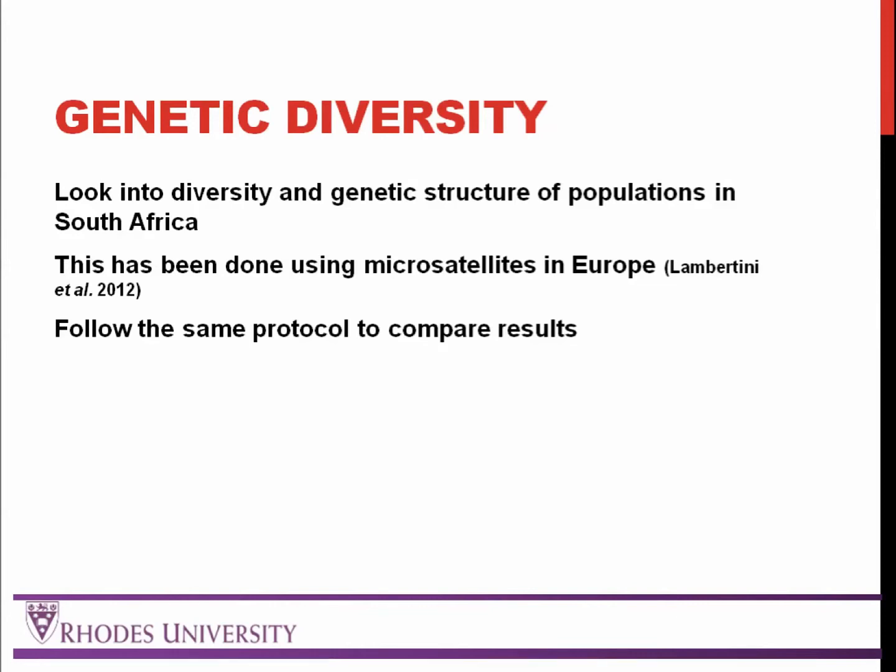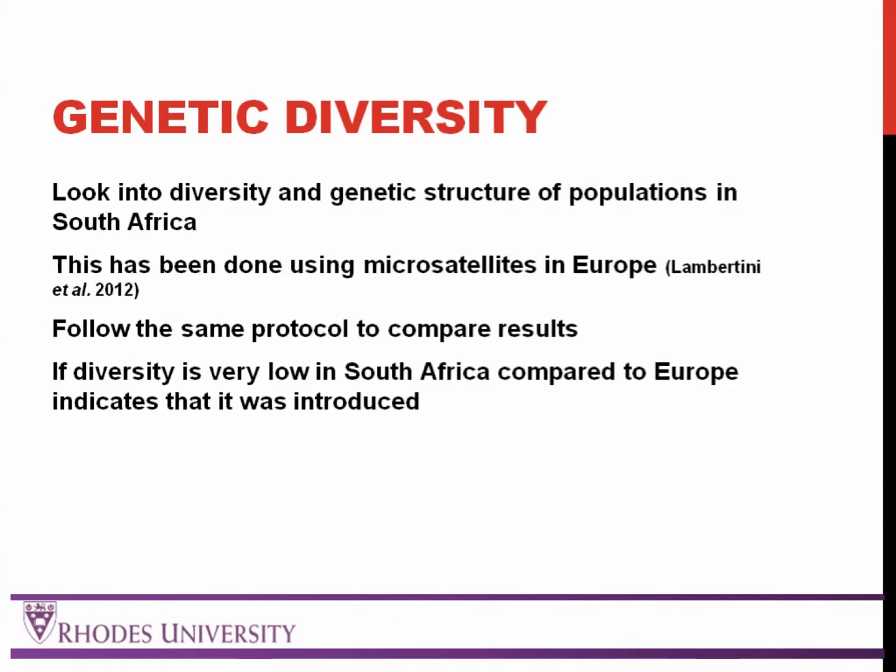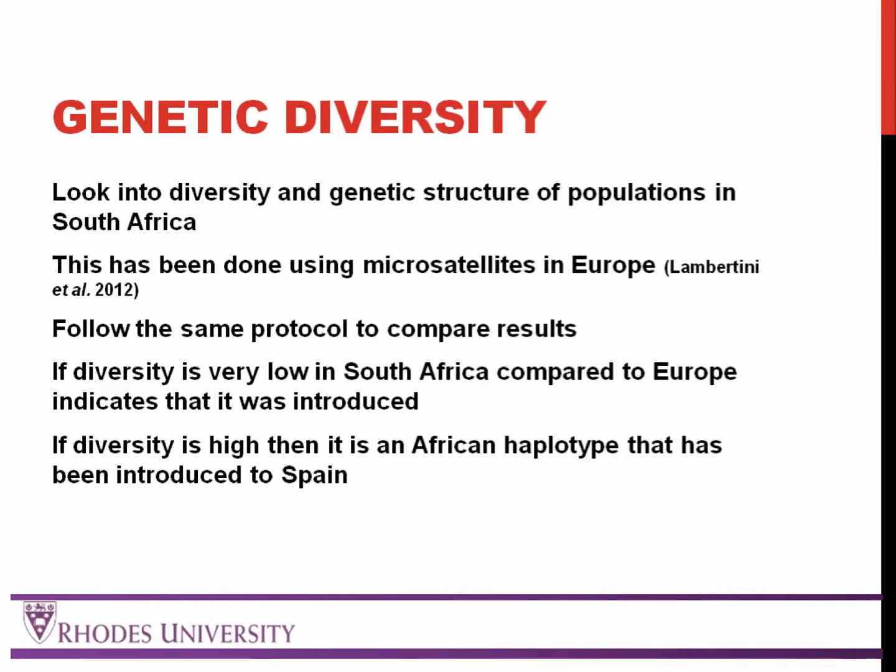If we have a low genetic diversity in our Phragmites populations, this will show us that our Phragmites is most likely not a native plant and was in fact introduced from Spain. If we find a higher genetic diversity, then we will have a lot of evidence to show that haplotype 3 can be called a unique African haplotype.